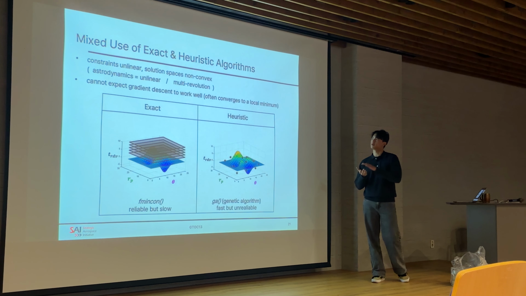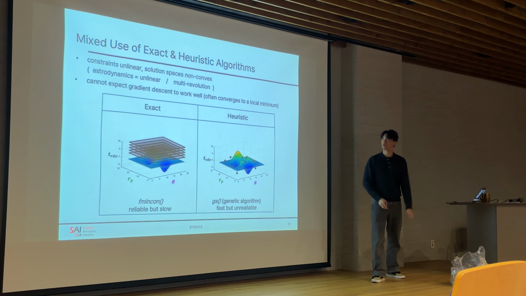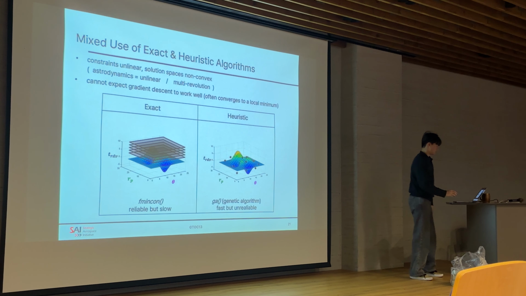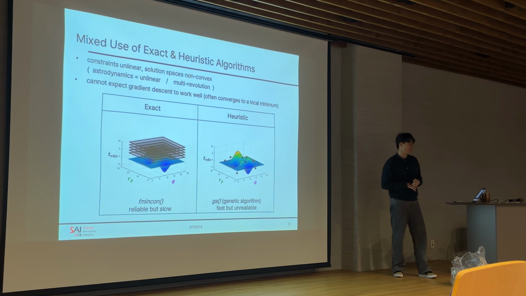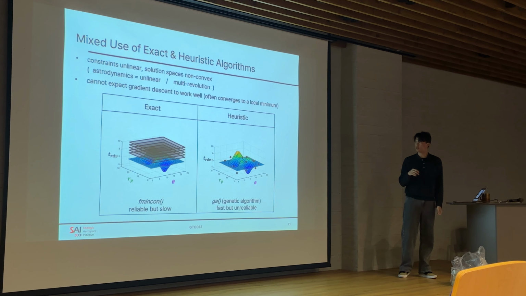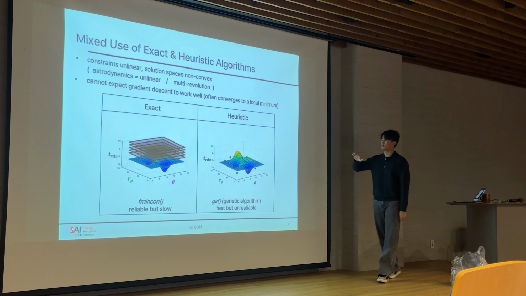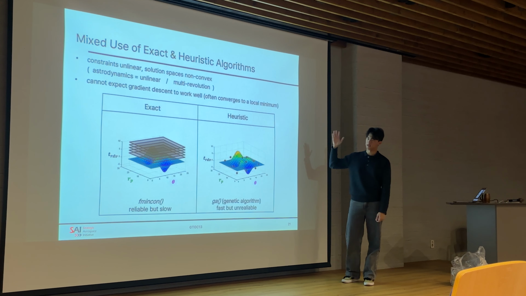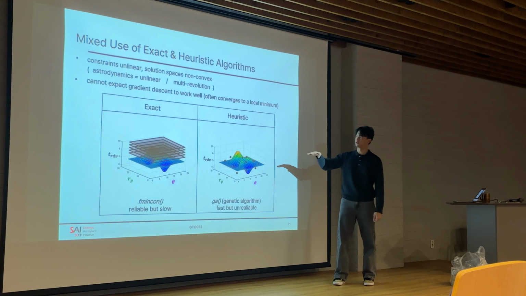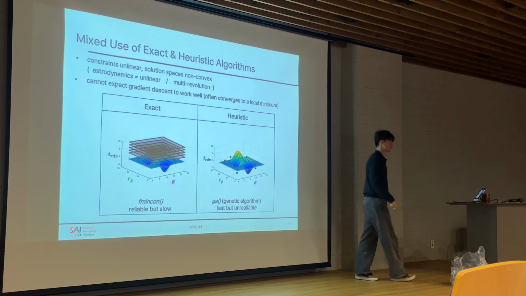And so the problem is that we cannot expect gradient descent to work well. So we interchangeably used the exact and heuristic methods, implemented in fmincon and genetic algorithm. And in many cases, we seeded a lot of initial solutions, picked the best ones, and tuned them even further by the exact methods to produce the final solution.